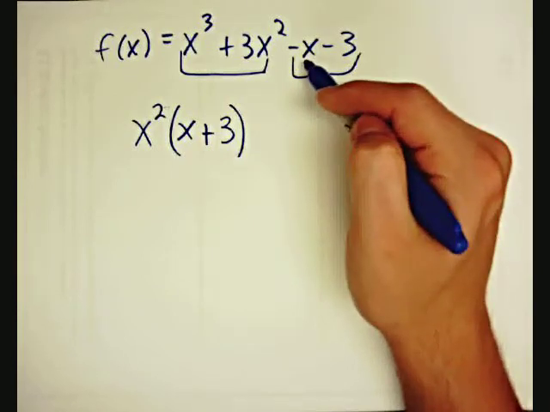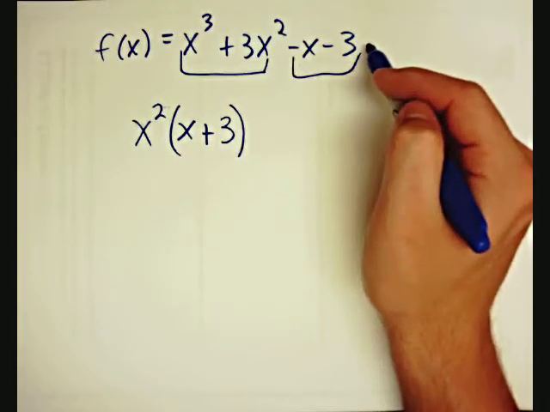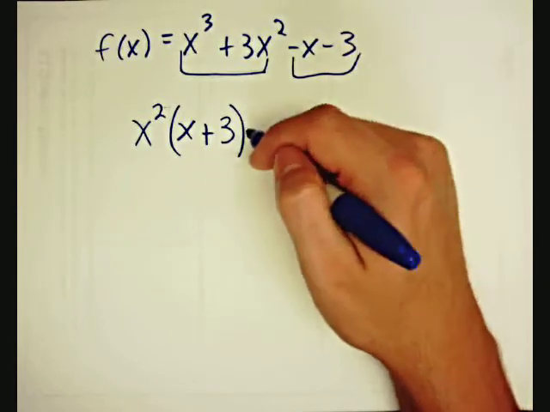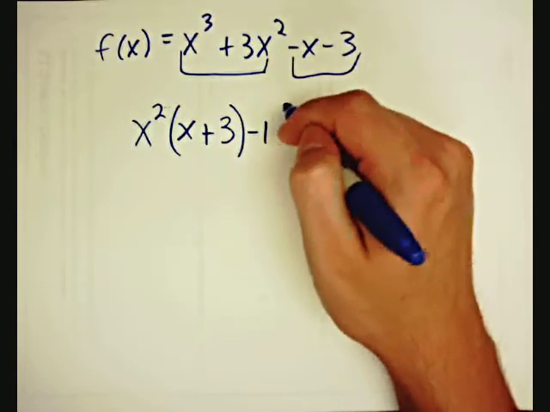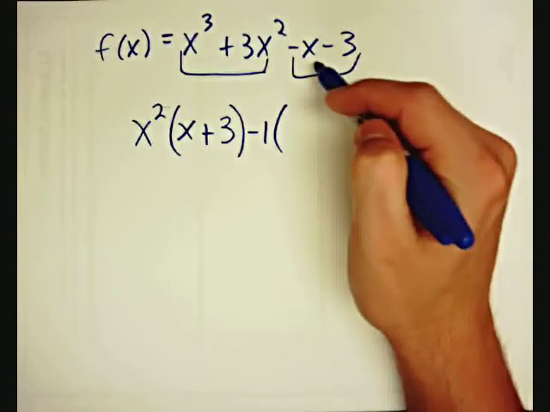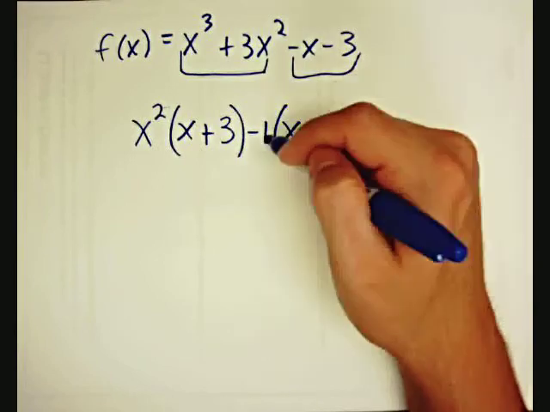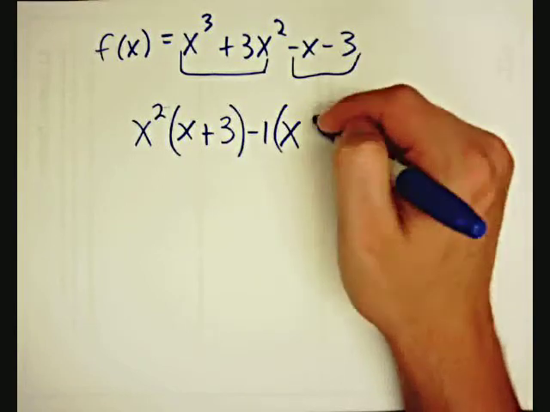For negative x minus 3, they both don't have x's, and the only thing we could factor out of them is a negative 1. If you factor out negative 1, out of negative x you'll be left with an x, and out of minus 3, you're left with positive 3.